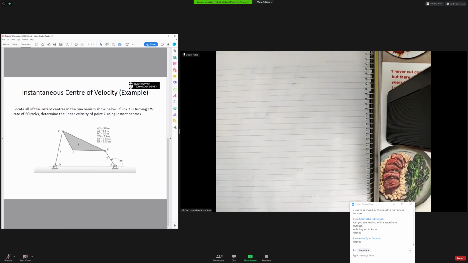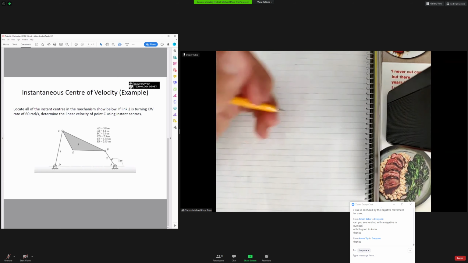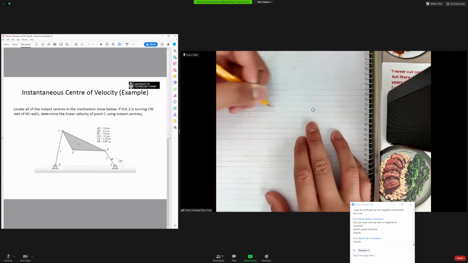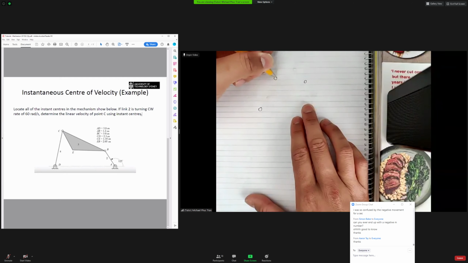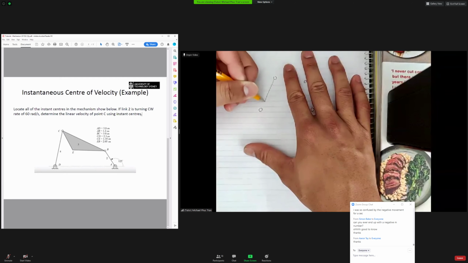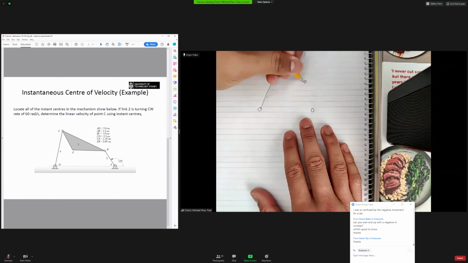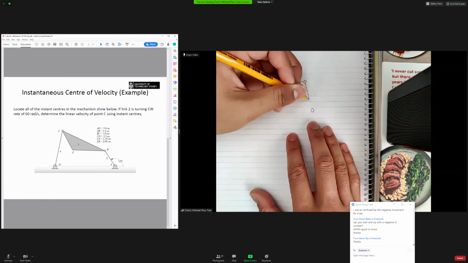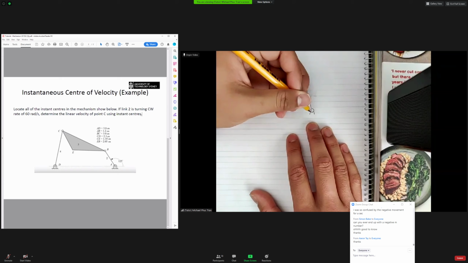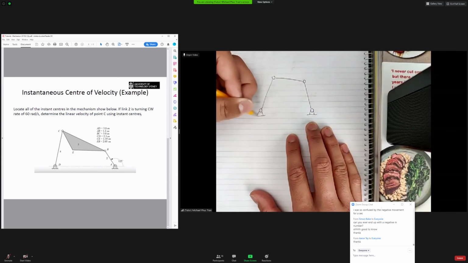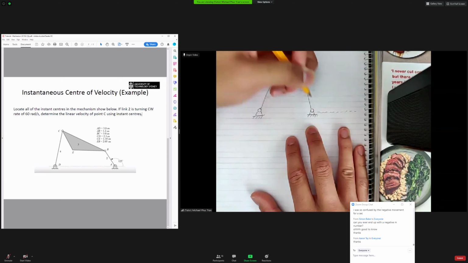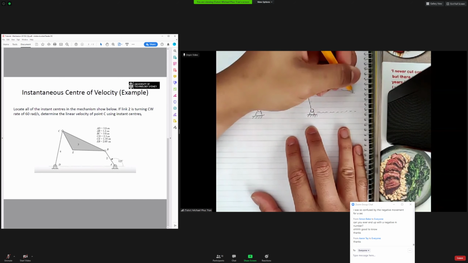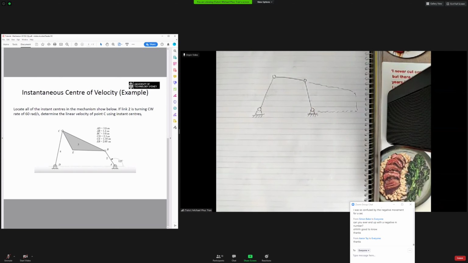All right, redrawing it. Let's pretend that point meets.